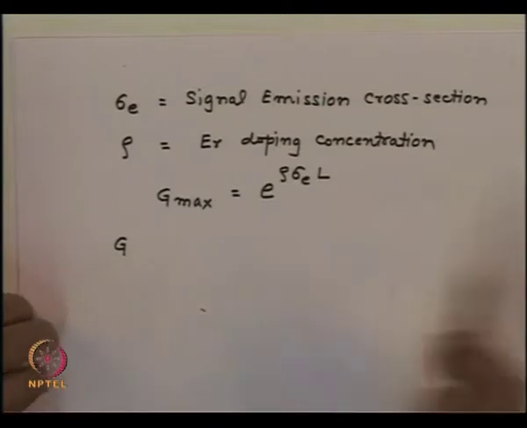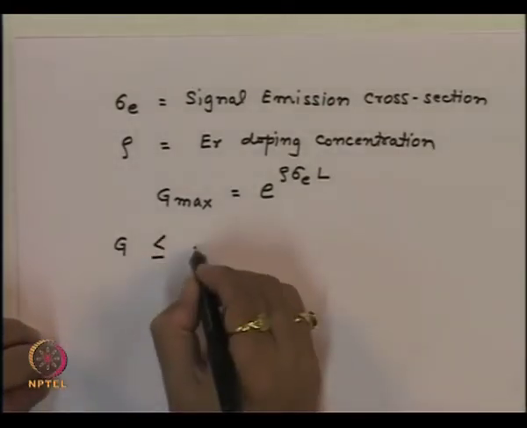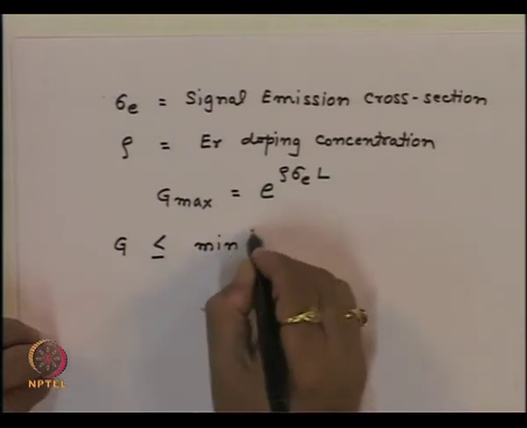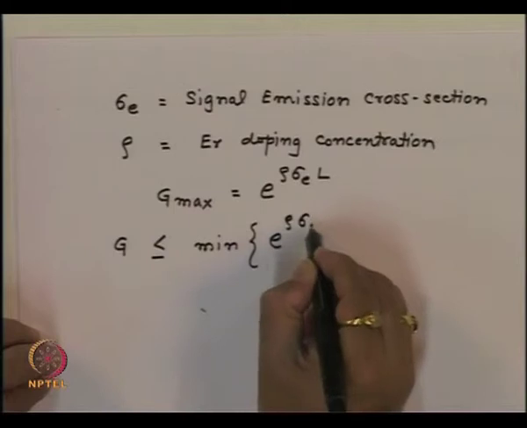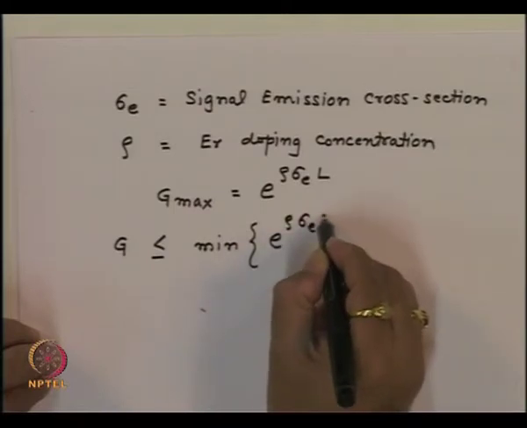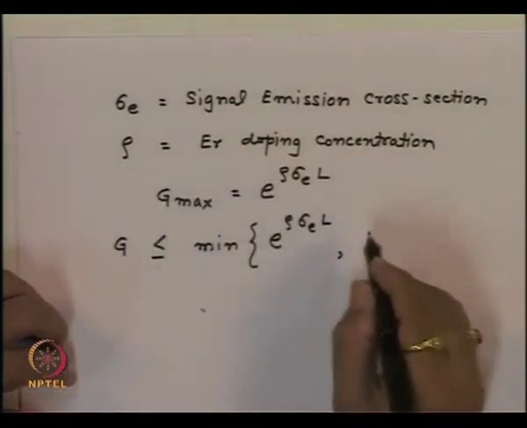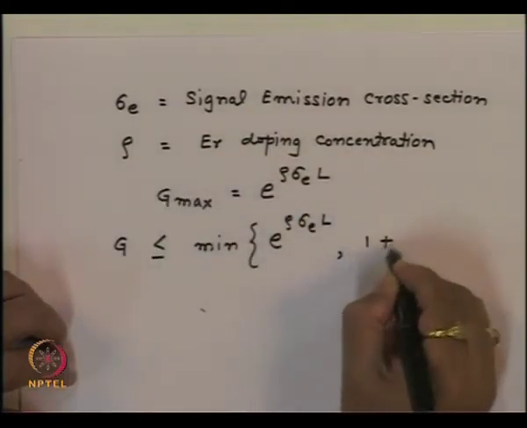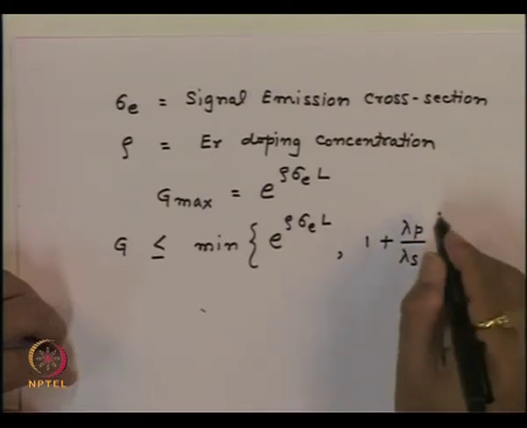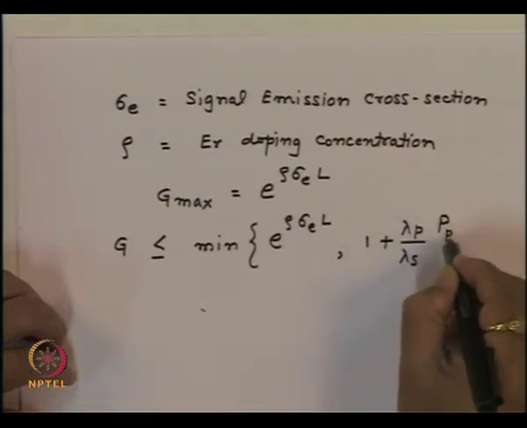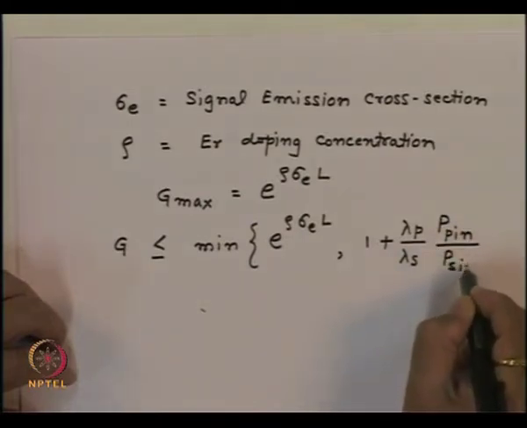So we can have the gain which is less than or equal to the minimum of the two. One is this quantity, e to the power rho sigma E into L, and the other one, which is because of the saturation effect, is 1 plus lambda P by lambda S, P P in divided by P S in.